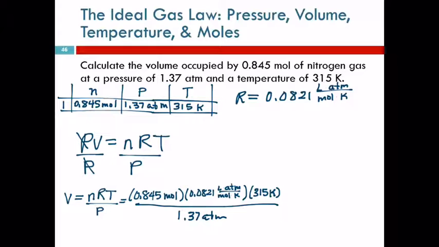Now check out the units. Moles cancel moles, Kelvin cancels Kelvin, atmospheres cancels atmospheres. The unit that's left is liters, which is a unit of volume. 0.845 times 0.0821 times 315 divided by 1.37.